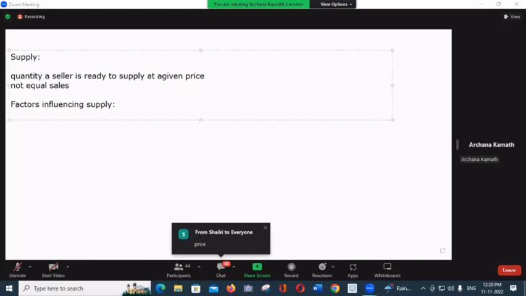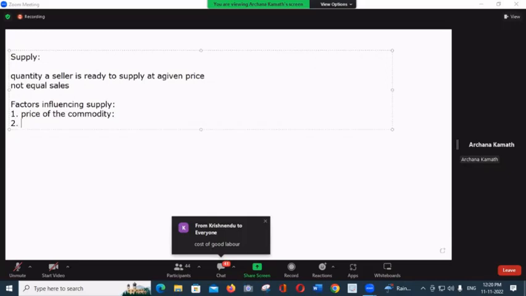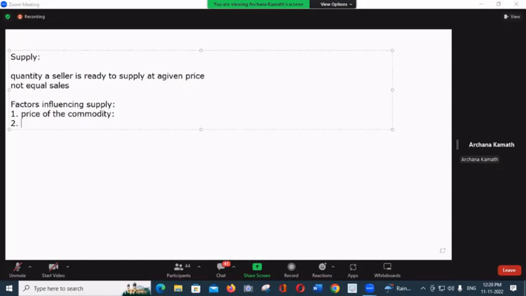Okay, price of the commodity. Can you elaborate with an example? How is price related to your supply? Okay, cost of the good, labor, fine.